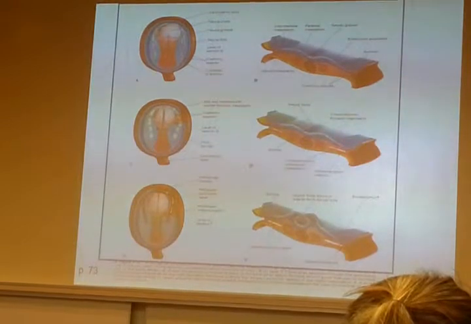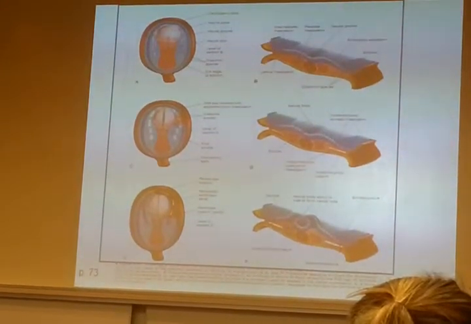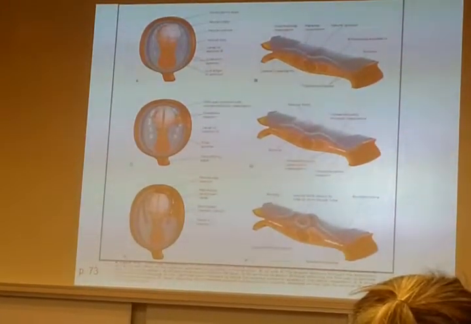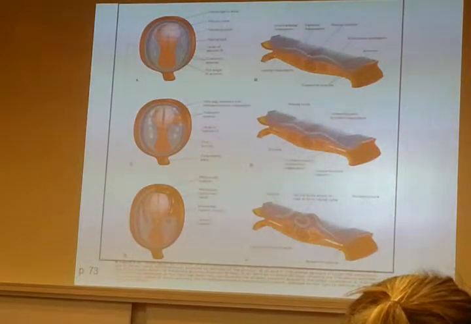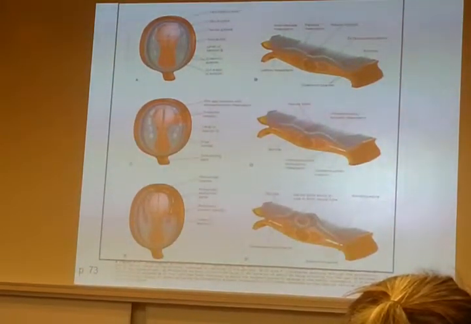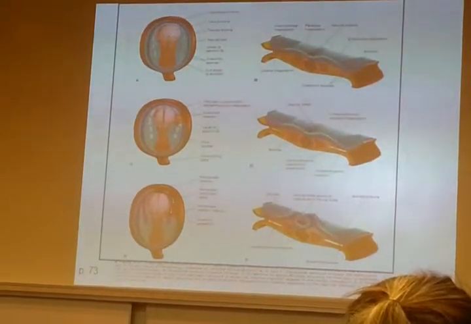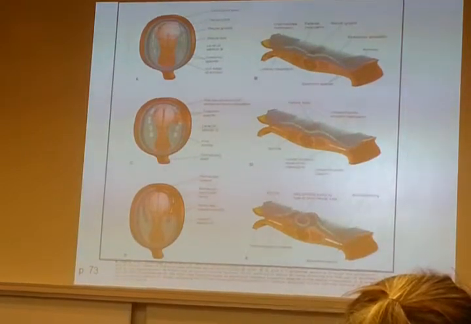You have pleural cavities that are in your chest. And then you've got abdominal area, and you've got a peritoneal cavity, and you've got an abdominal cavity. All of these are developing from these coelom spaces.